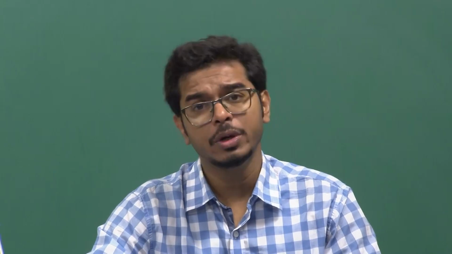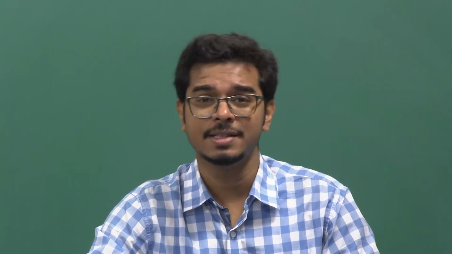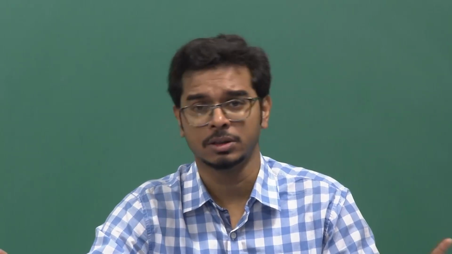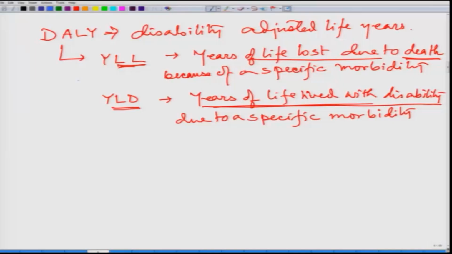For which particular problem, not program, which particular problem, what is the total life lost due to premature death? And also the life lost due to disability from the disease, the years lived with the disease.